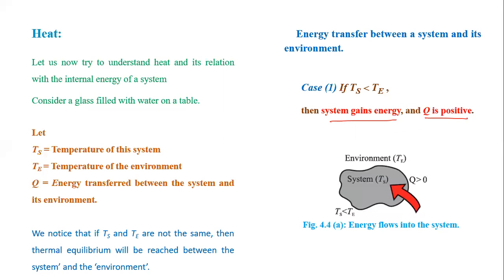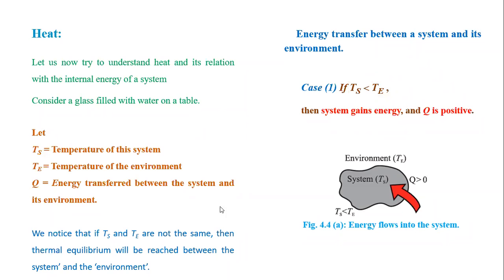You know that heat flows from a hotter body to a colder body. Now here the environment is hotter and the system is the cold body. Temperature is less, that's why. So here heat is transferred from the environment to the system. So the system gains energy and therefore Q is positive.